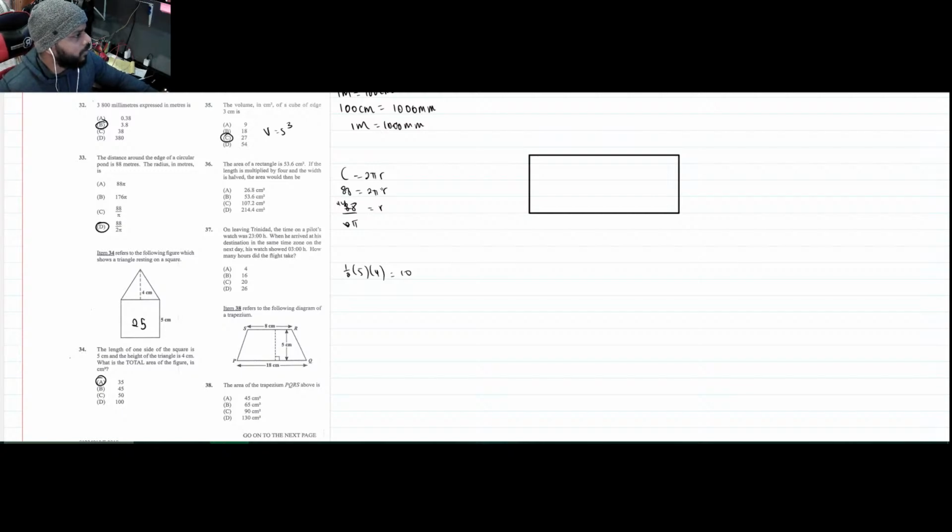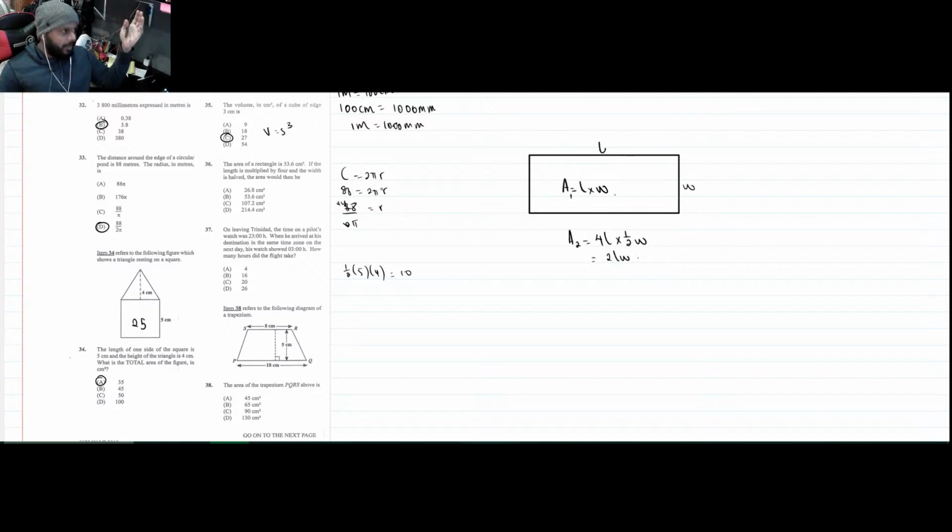So the area of a rectangle is length by width. They say that if the length is multiplied by 4 and the width is halved, then the area A2 will be 4L multiplied by a half W. So A2 will be twice length by width.